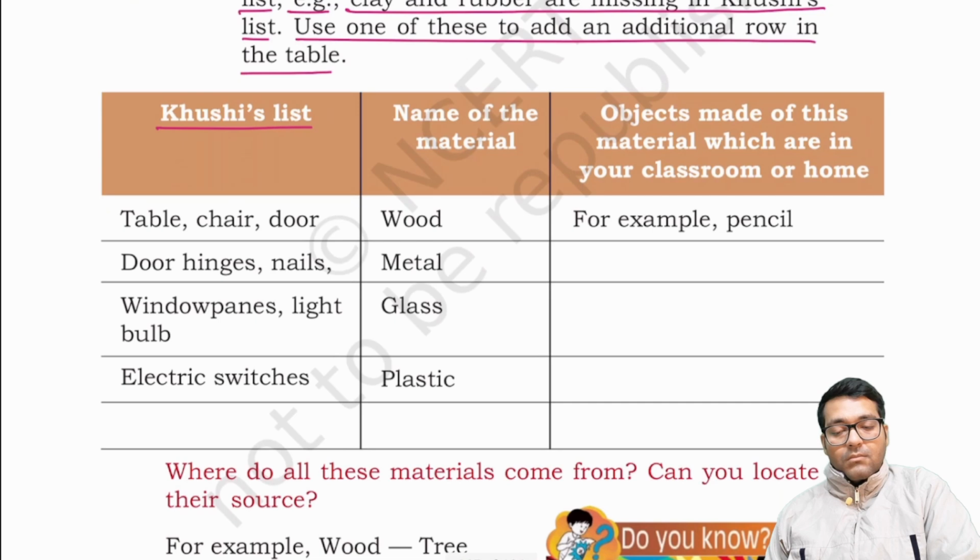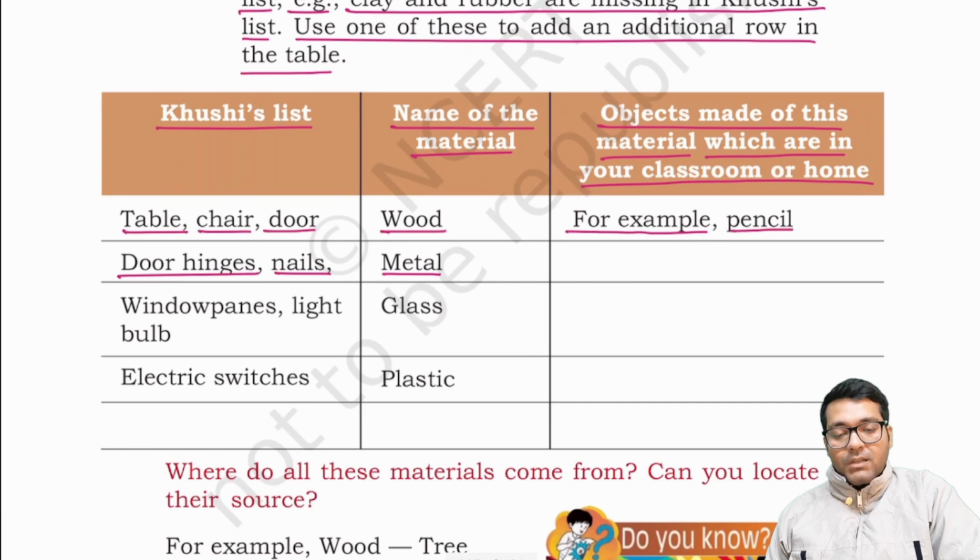Khushi's list. Name of the material. Objects made of this material which are in your classroom or home. Table, chair, door made of wood. Other materials, for example, pencil. Door hinges, nails made of metals.